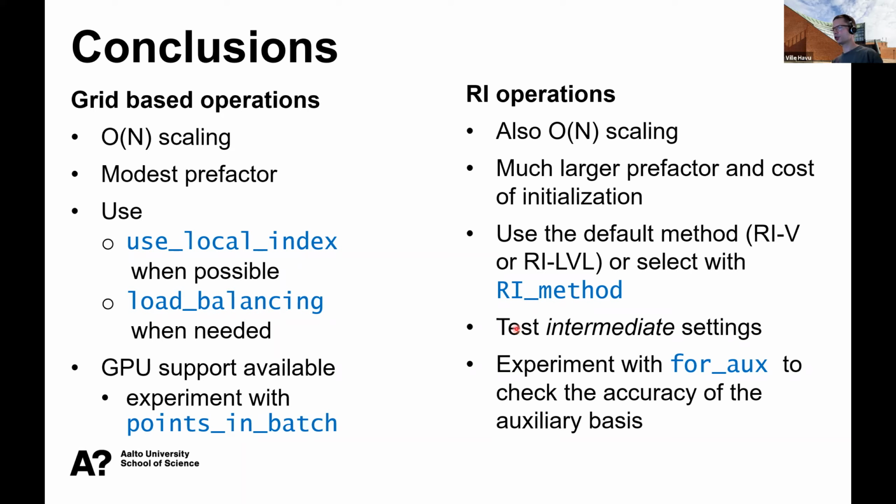It's important, especially for hybrid functionals and Hartree-Fock, to test the intermediate settings. The values can be pretty much okay, and you can save a lot of effort there. And if you want to tune your own basis, you can experiment with the for_aux setting, because then you add stuff only to the auxiliary basis, which is much cheaper than adding it to the entire basis, which means that you improve the accuracy of the resolution of identity.